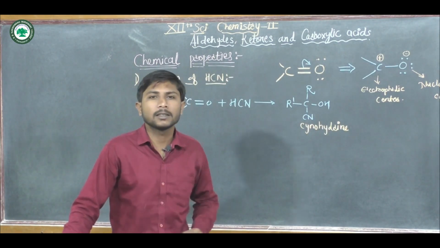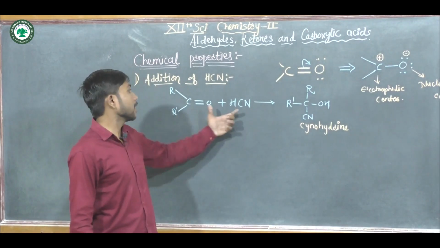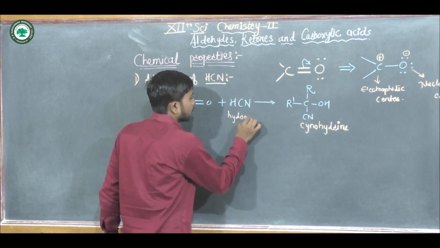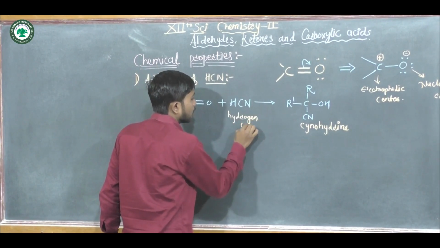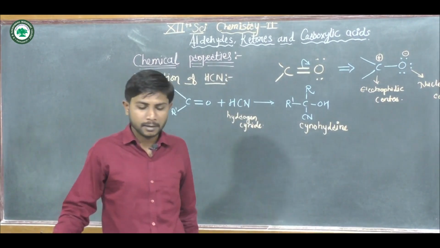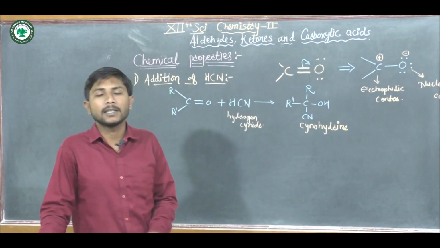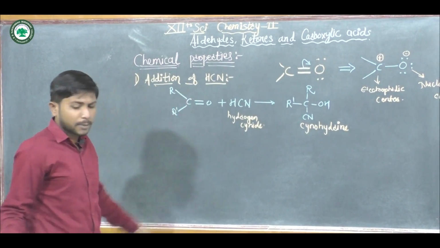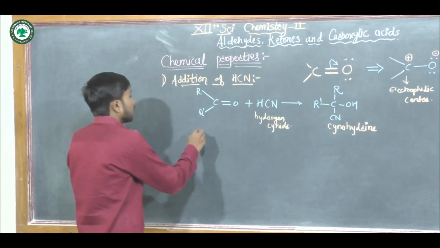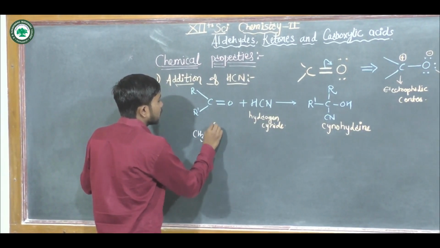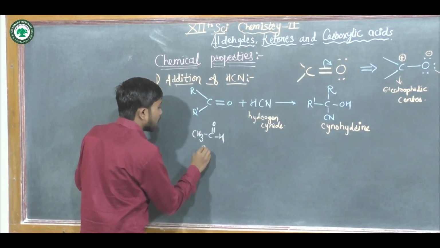Just keep in mind that whenever there is a reaction between hydrogen cyanide and an unsaturated compound, the HCN acts as a weak acid. You can take any example. The first example is CH3 C double bond OH, this is acetaldehyde.